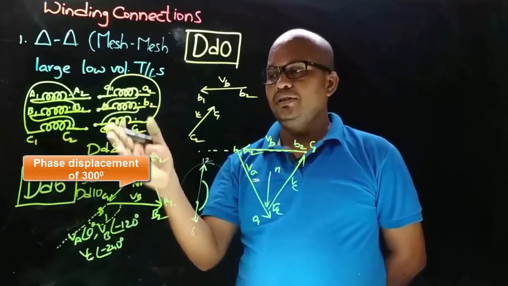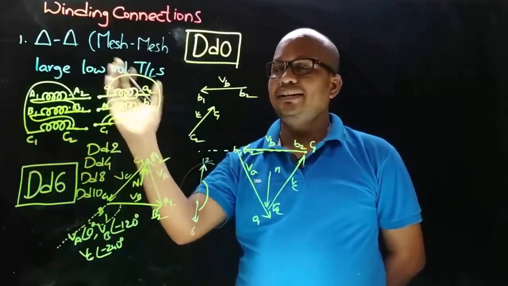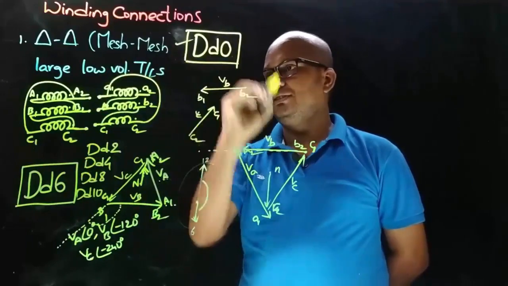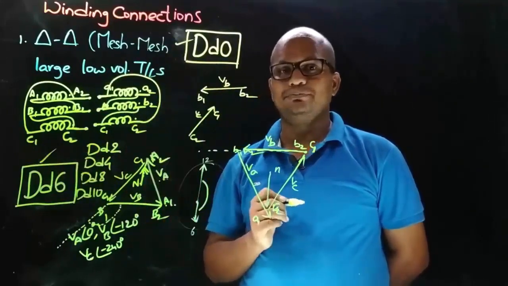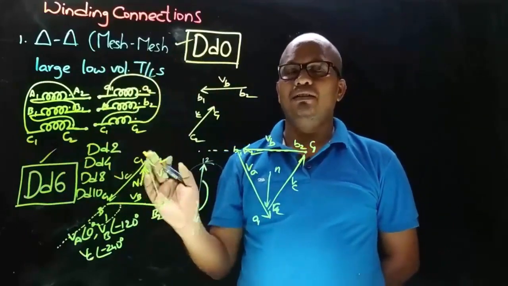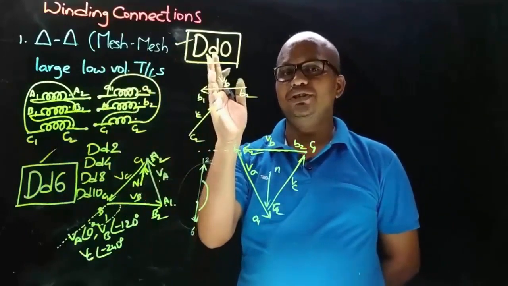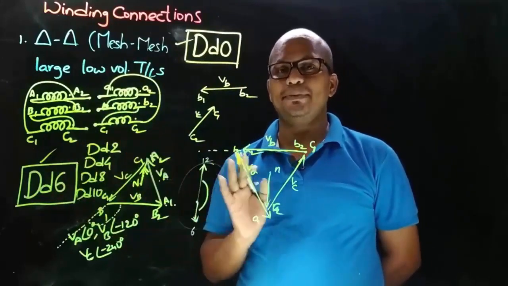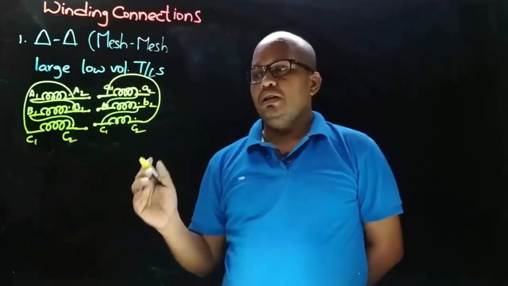So these are the possible connections of delta-delta. And here we draw the phasor diagrams for this and this vector group, because these are the main connections from delta-delta. Okay, here we can have 0 degrees phase displacement, and with this type of connection we can have 180 degrees phase displacement.